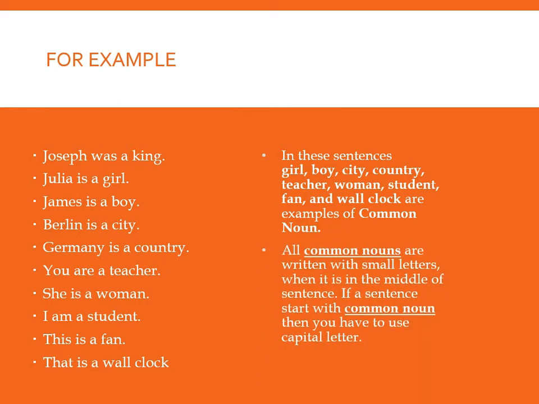Remember, all common nouns are written with small letters when it is in the middle of a sentence. If a sentence starts with a common noun, then you have to use a capital letter. The purpose of these points is that all common nouns are written with small letters as king, girl, boy, city, country.